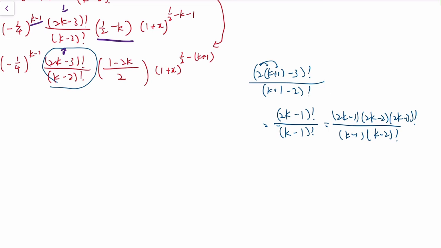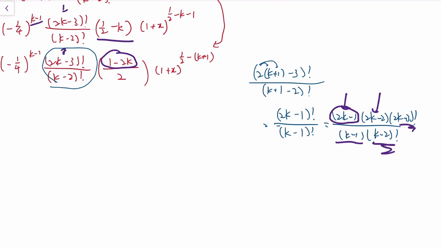Okay, so it seems like we need these 3 extra factors. Alright, because we already have these. And the 2k minus 1 is already there. It's here.